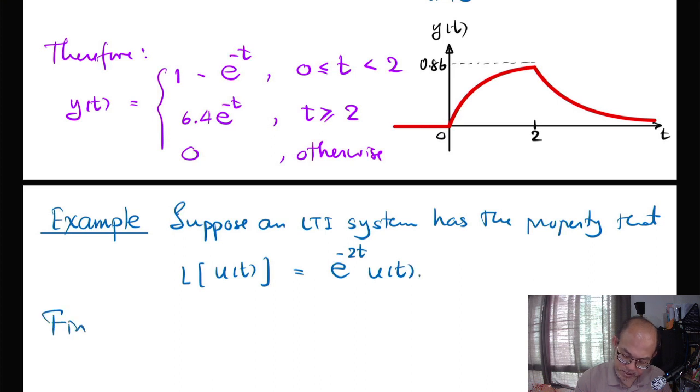We want to find its impulse response, h of t.